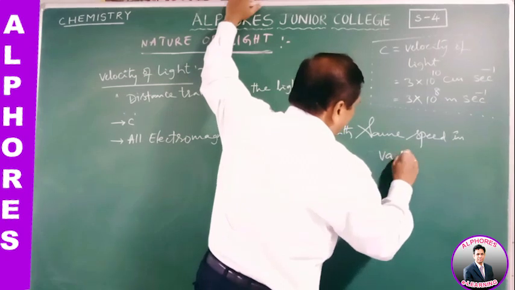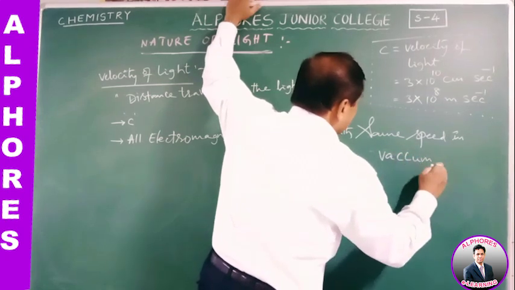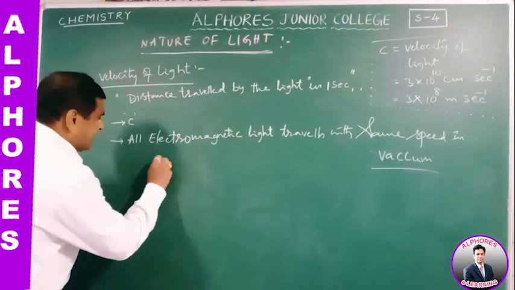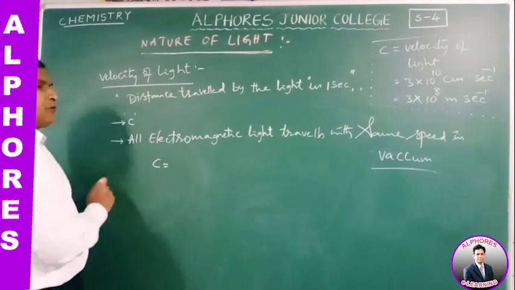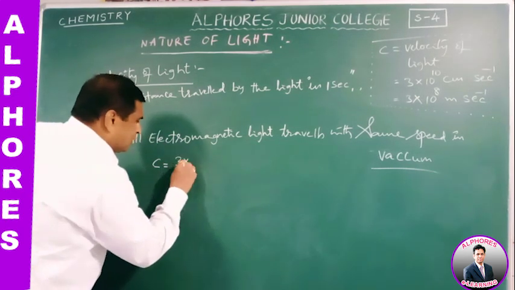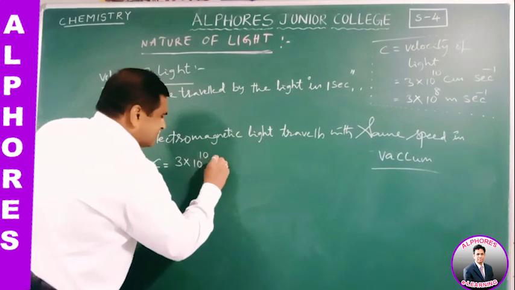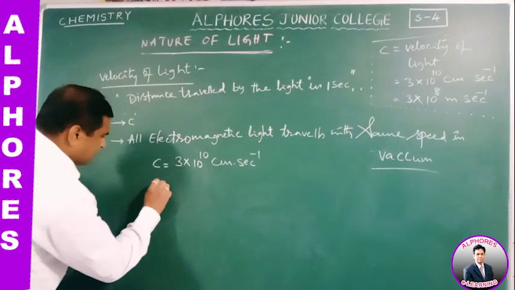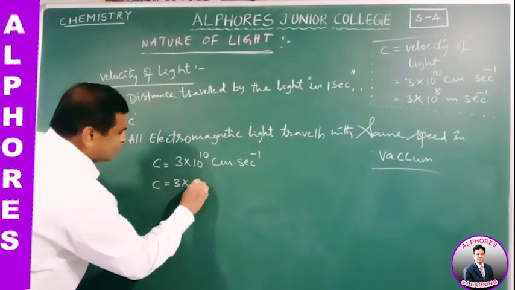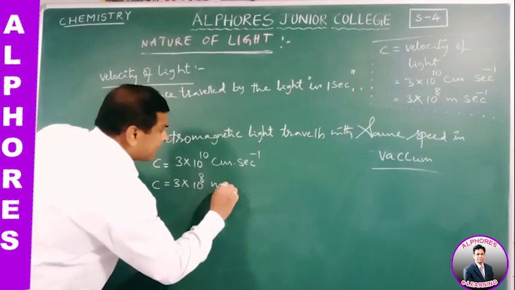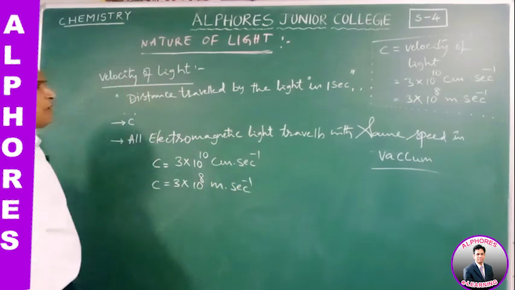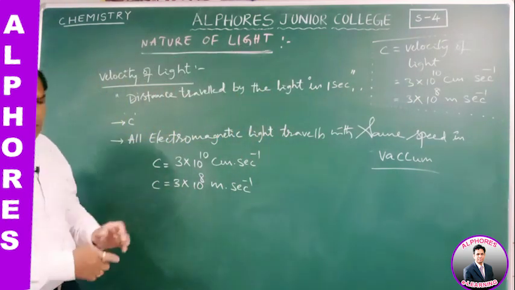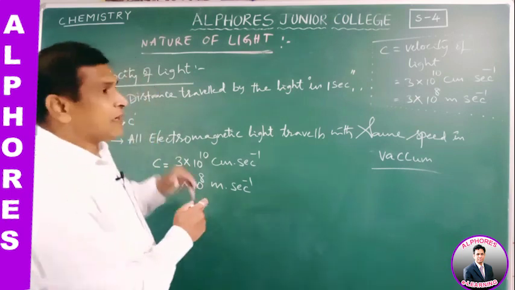So that is why the velocity of the light is considered a constant value, that is 3 into 10 to the power 10 centimeters per second, or c is equals to 3 into 10 to the power 8 meters per second. The velocity of light is considered a constant value. Okay, that is the concept of electromagnetic light.